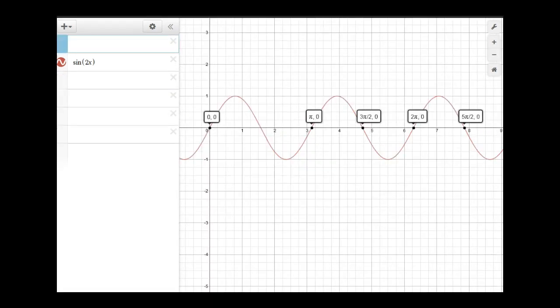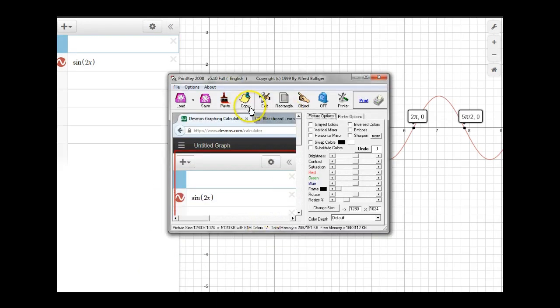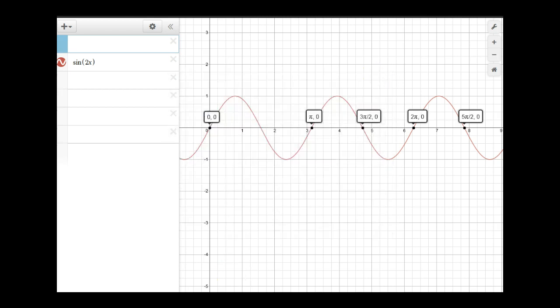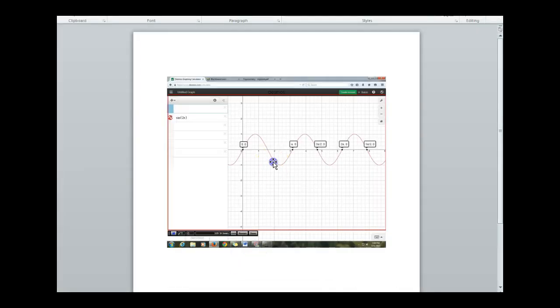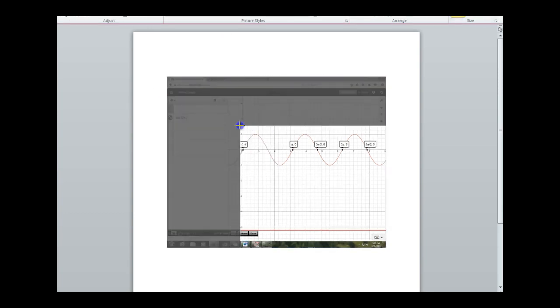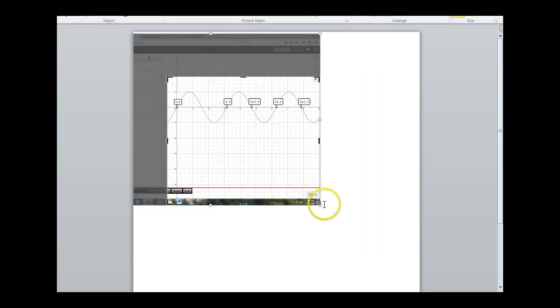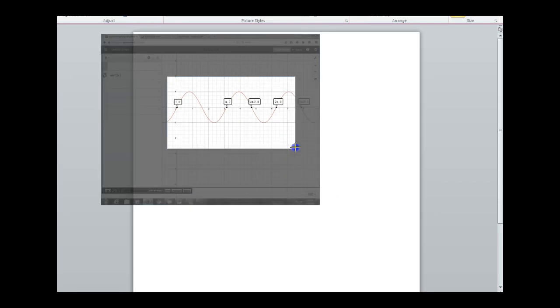So if you use Desmos Graph, one way to create this image, if you wanted to put it into a document and turn it in for homework, you can do the print screen and then you can copy it and then open a Word document and paste, crop. And so this is how I get images into the drawing program that I use.